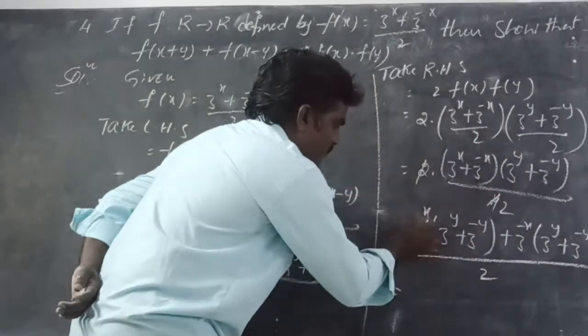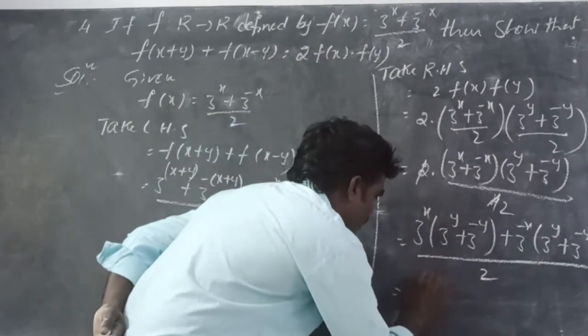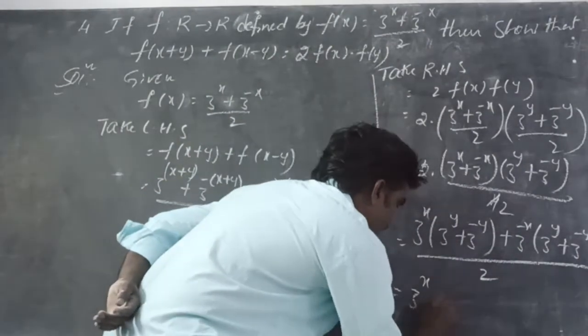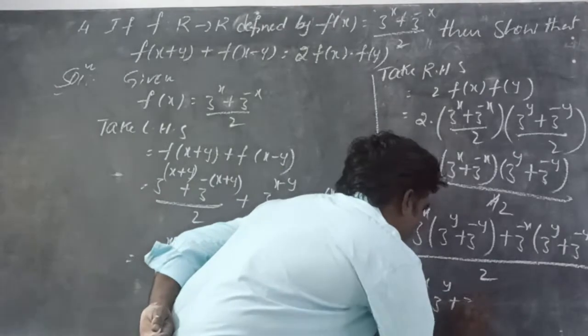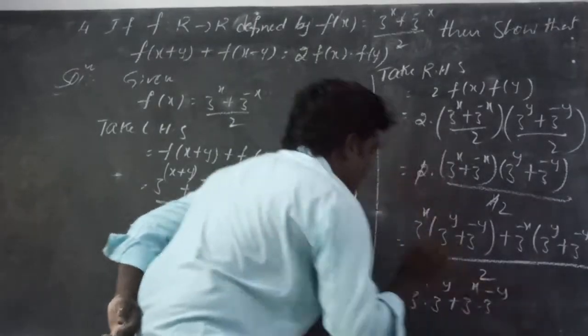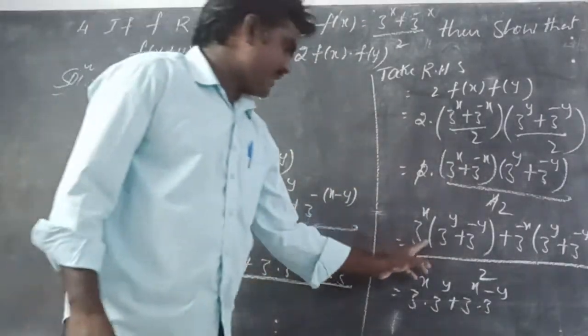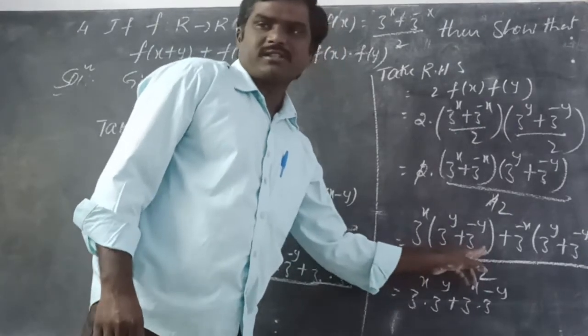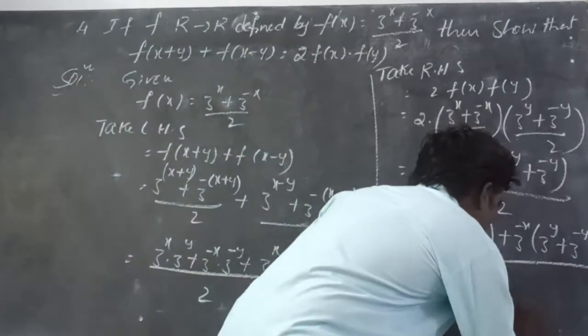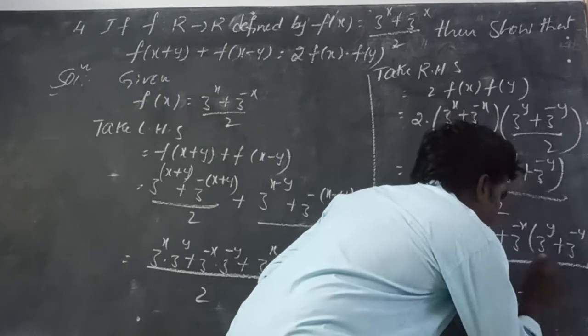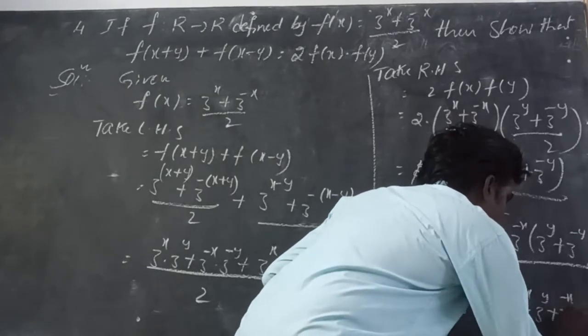So that is 3 power x into 3 power y plus 3 power x into 3 power minus y. This 3 power x is multiplied with these two terms. Next, plus 3 power minus x into 3 power y plus 3 power minus x into 3 power minus y.